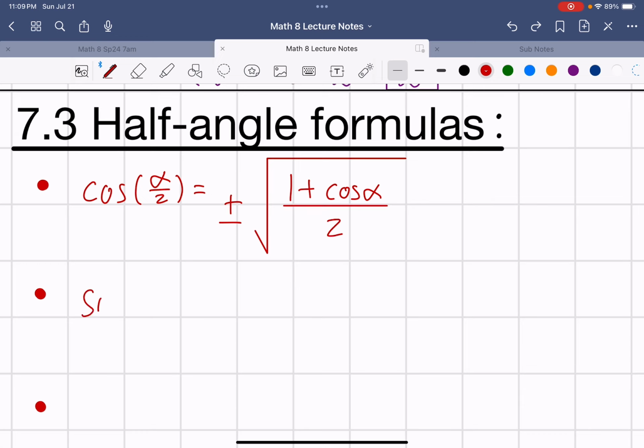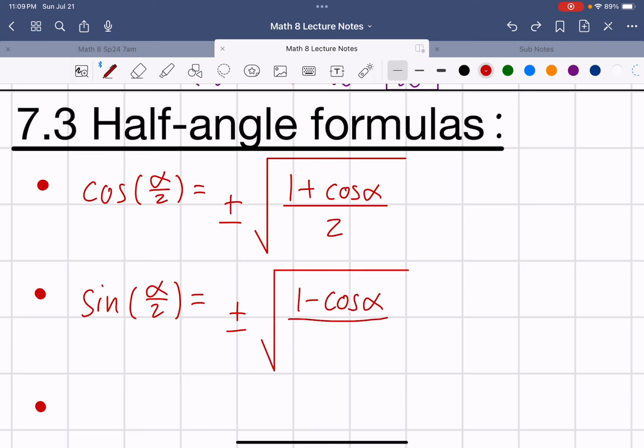And then we have the half angle for sine, sine alpha over 2 equals plus or minus the square root of 1 minus cosine alpha over 2.